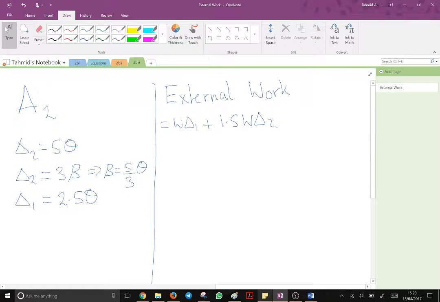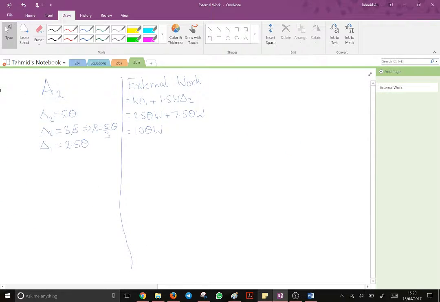Now we know what delta 1 and delta 2 are. Delta 1 is in this case 2.5 theta W plus 1.5 multiplied by 5, which is equal to 7.5 theta W. So together that's equal to 10 theta W. Okay, comes out quite nicely.